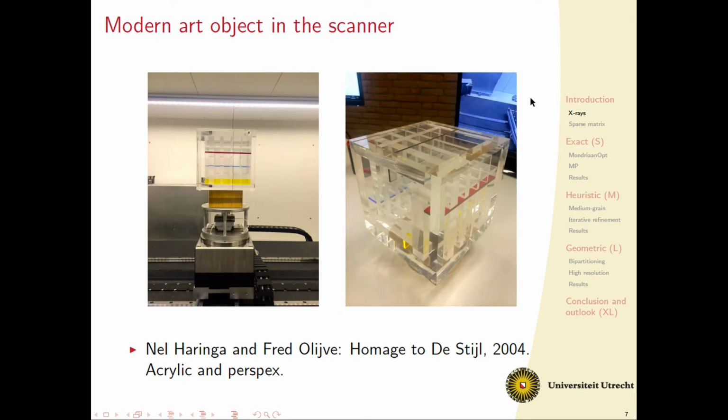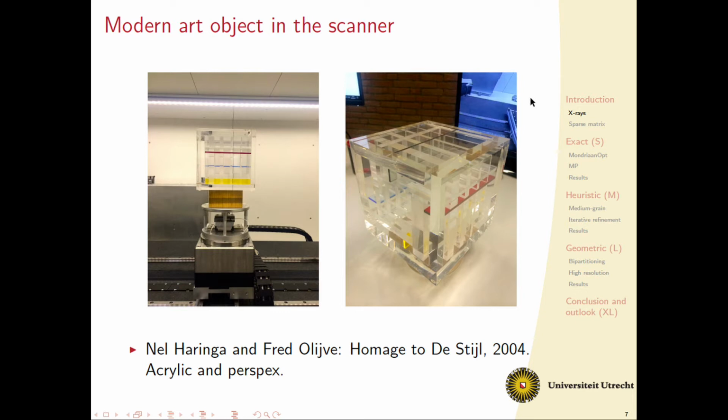So the object that we placed there was a present by my wife Ronna on the occasion of the first edition of my book. It's modern art, from 2004. It's called Homage to the Style. The Style is the art movement to which Mondriaan belonged. It's 100 years old, and it's transparent, which is nice because we can check what's going on inside.